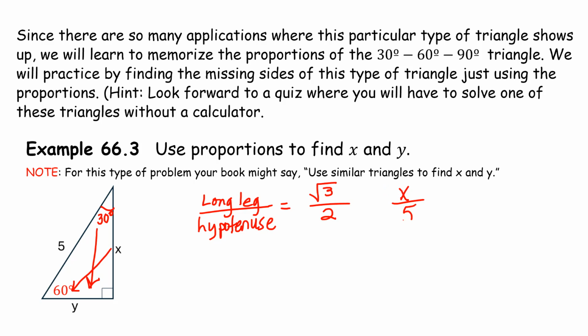The hypotenuse, which is 5, is on the bottom. That is supposed to equal the square root of 3 over 2. So if we cross multiply, 5 times the square root of 3 is equal to 2x. And so x, if you divide both sides by 2, is going to be 5 times the square root of 3 over 2. So that is x. That's the long leg.